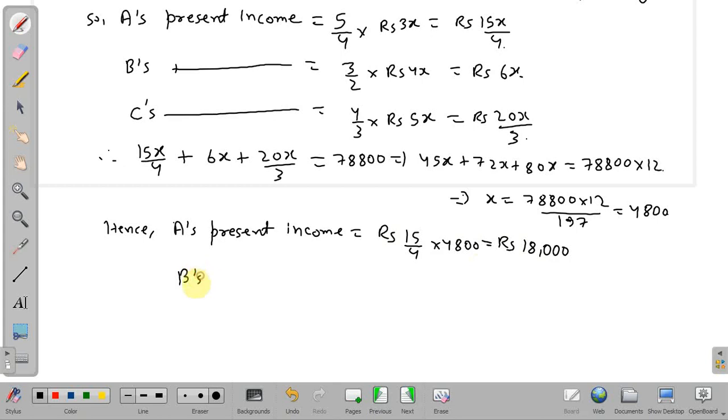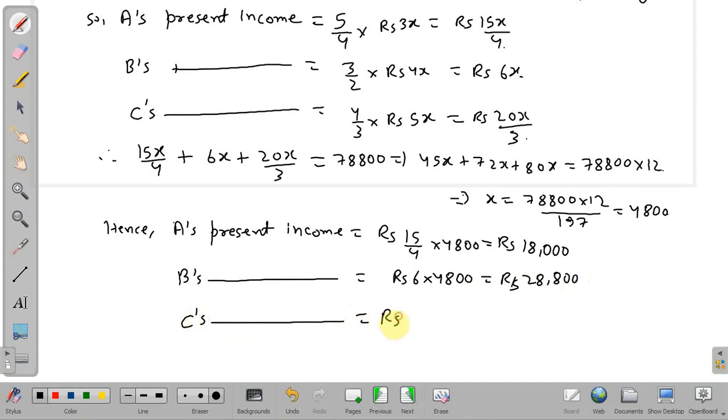Similarly, B's present income will be rupees 6x. So 6 into 4,800, and it will be equal to rupees 28,800. And C's present income will be equal to rupees 20 by 3 times x, and x is 4,800, so it will be equal to rupees 32,000. Okay, so we have got A, B and C's present income.